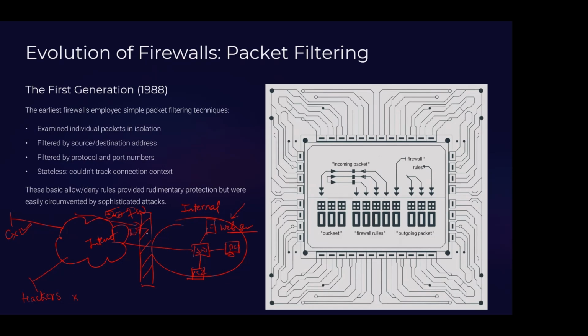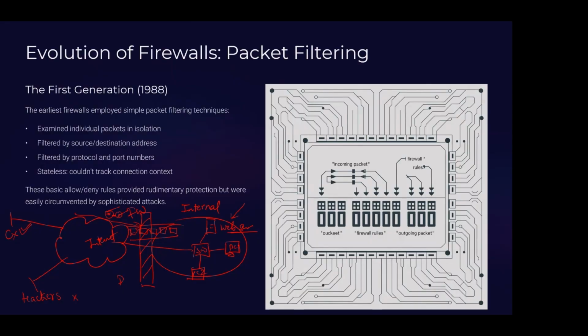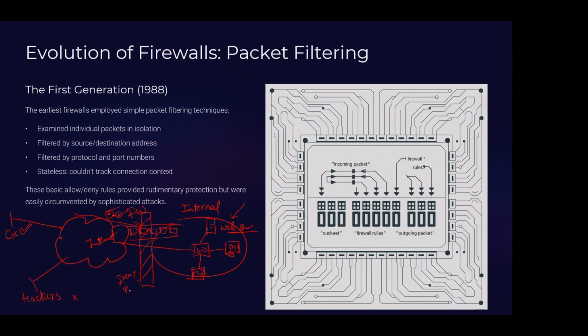So it will look at every packet that is passing through, and based on the rules configured on it, it will take an action. The action can be to deny or to permit the traffic, based on what you have configured.